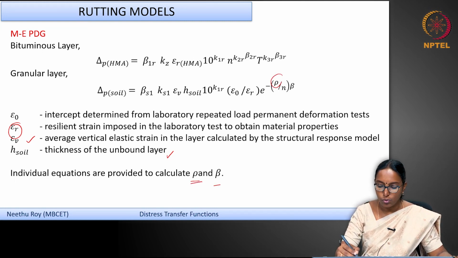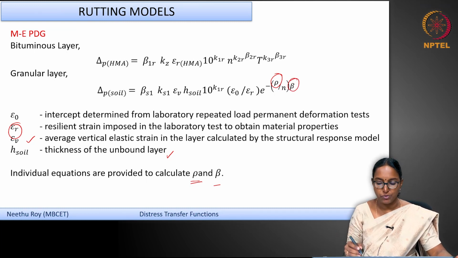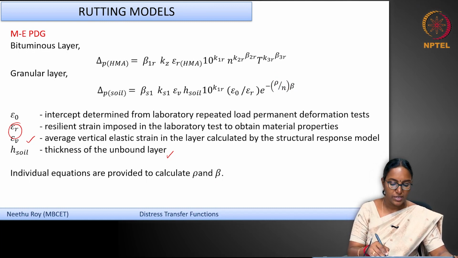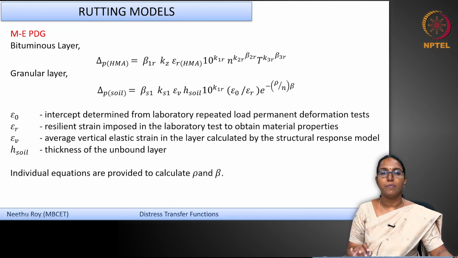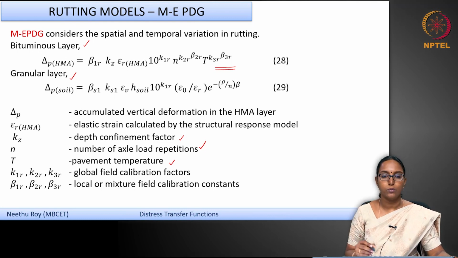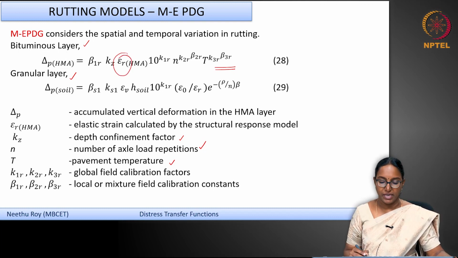Rho, beta and some other constants, with individual equations given to capture all this. I am not discussing all that in detail, but just wanted to highlight the fact that MEPDG has given a similar approach. Here, you can find the accumulated vertical deformation in each one of the layers, which is given as a factor proportional to the resilient or elastic strain in the material.